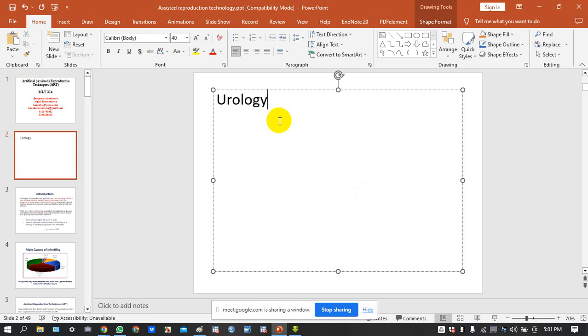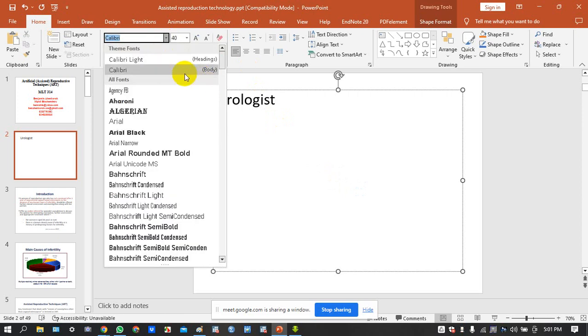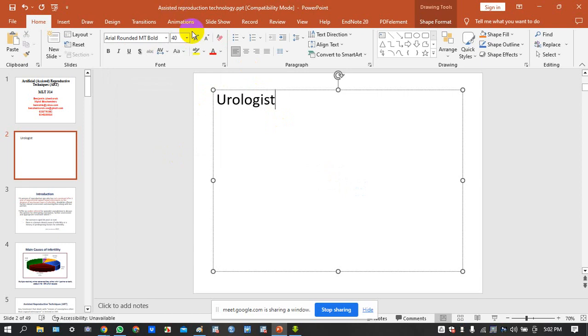Issues concerning the male reproductive system are handled by a urologist.